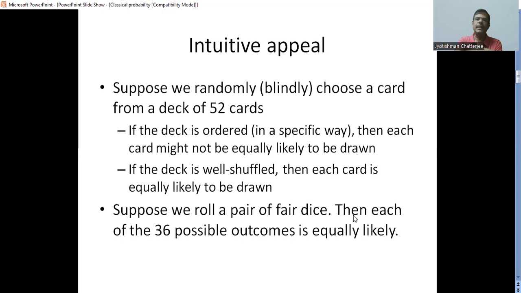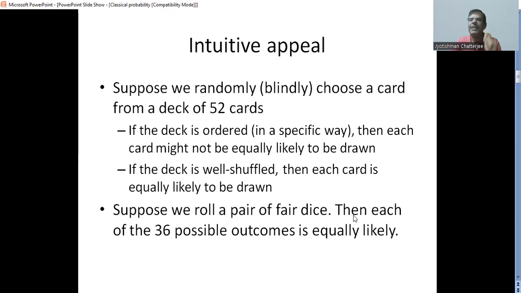If you keep the deck ordered according to your convention, and then blindly pick up a card from there, then although you are trying to do it randomly, not every card will be equally likely to occur.